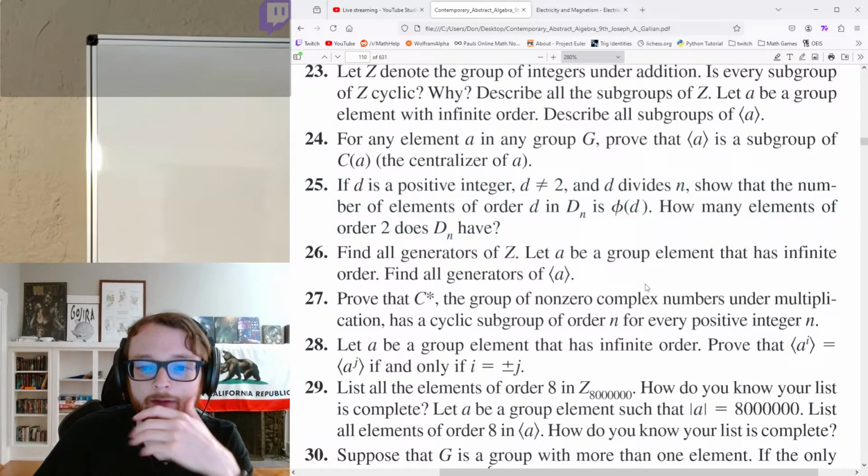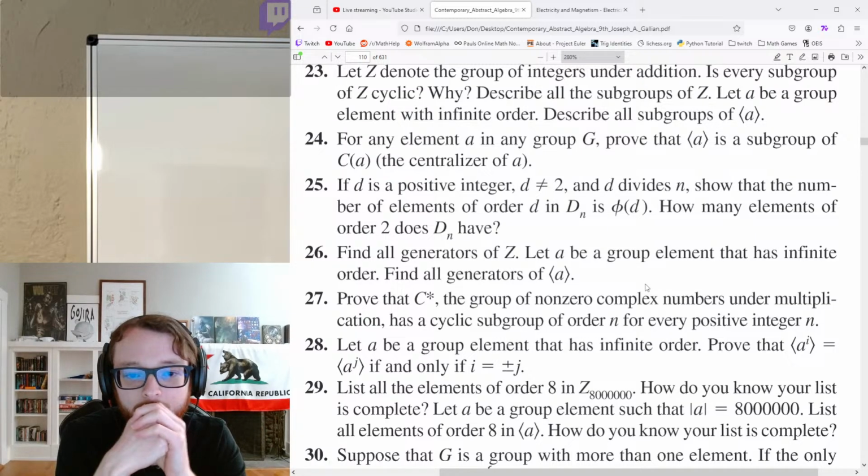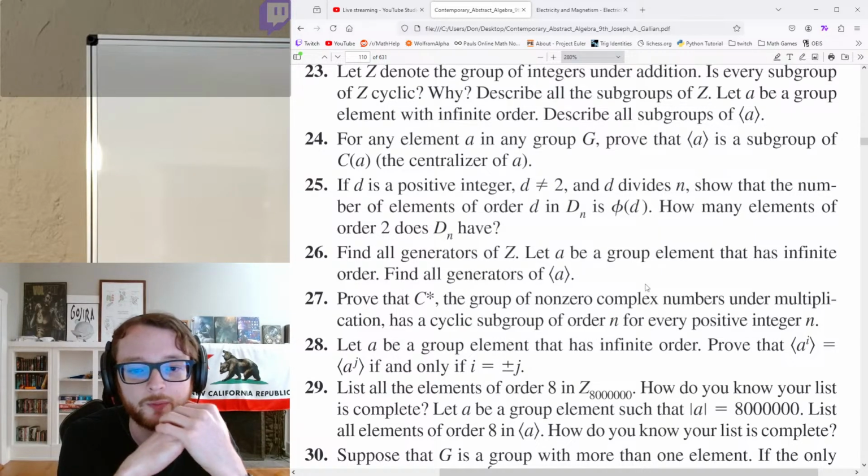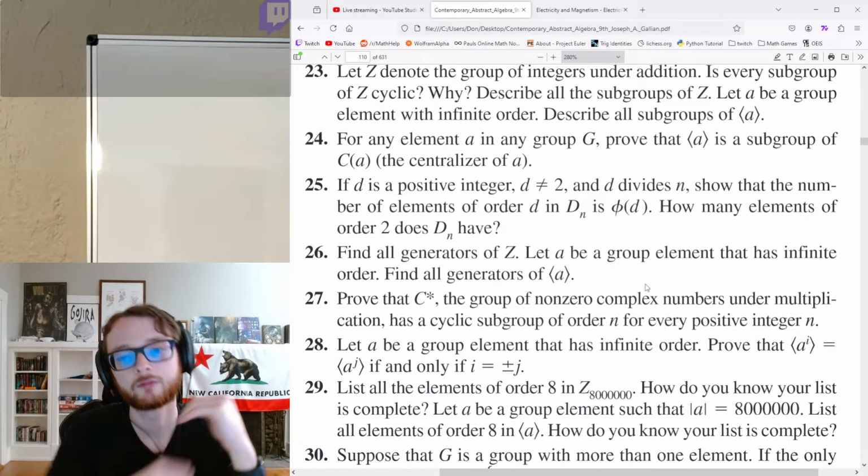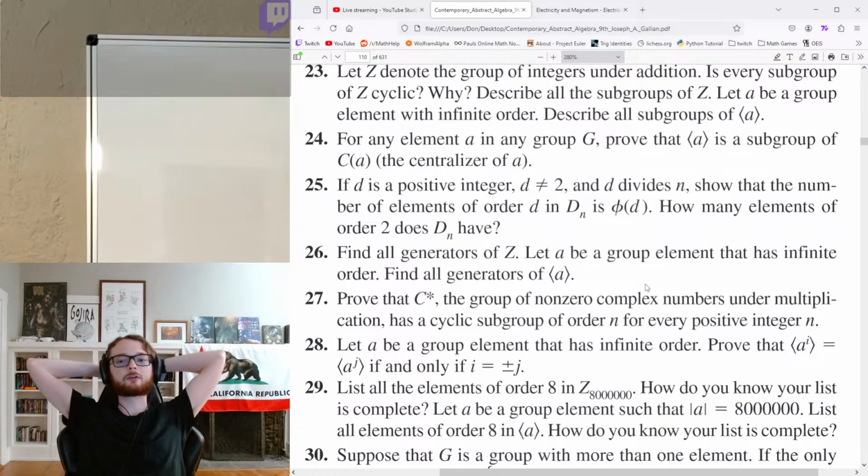And Penson was even giving me hints, and I still couldn't figure it out, because dihedral groups are just so dang weird. So d is a positive integer that is not 2. d divides n. Show the number of elements of order d in D sub n is phi of d.